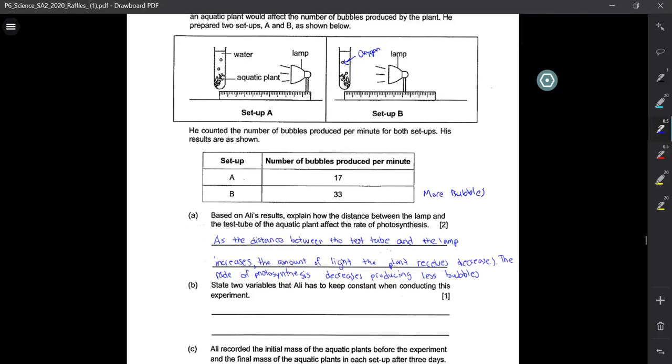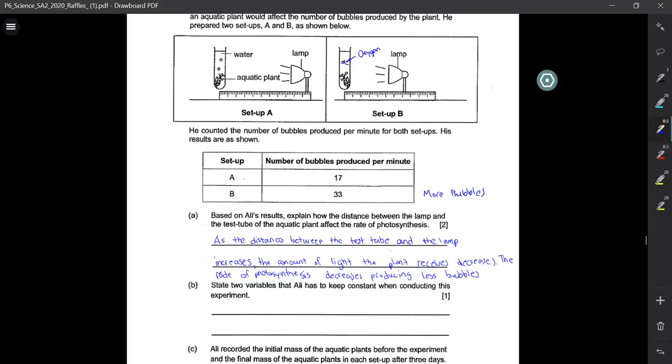So when the distance between the test tube and the lamp increases, the amount of light the plant receives decreases, right? Because it's further away, so light intensity decreases, then the plant can't receive as much light. And then because the plant can't receive that much light, the rate of photosynthesis decreases because less light is captured and less light is trapped.